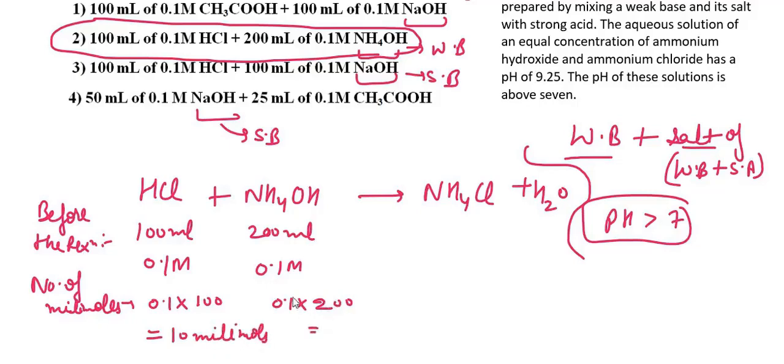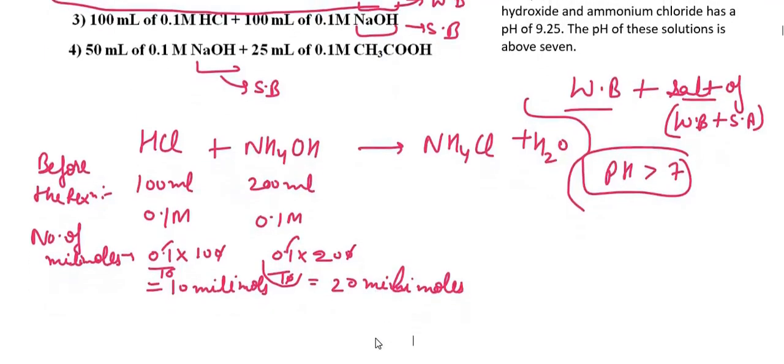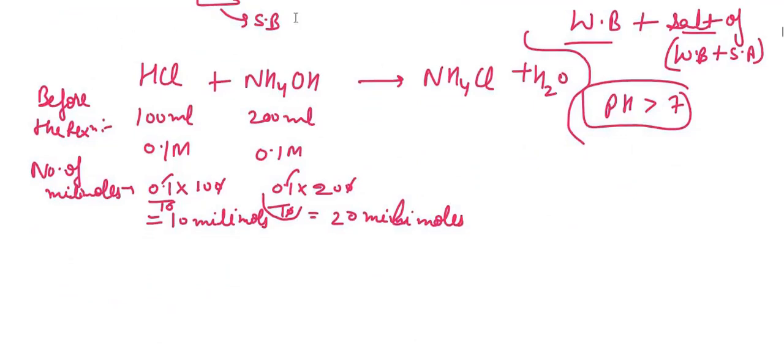But in this case, when we multiply this, remove the point, 0 is cancelled out by 0 here. The number of moles is 20 millimoles. So when 10 millimoles react with 20 millimoles, what happens after the reaction? Initially the product NH4Cl is 0, but after the reaction this HCl completely reacts with NH4OH.